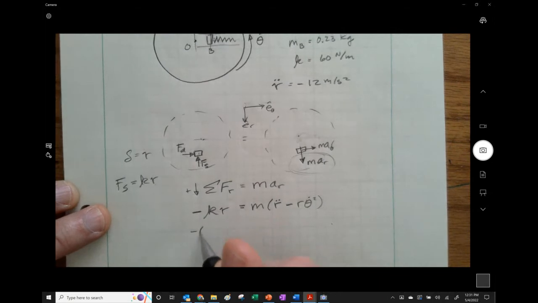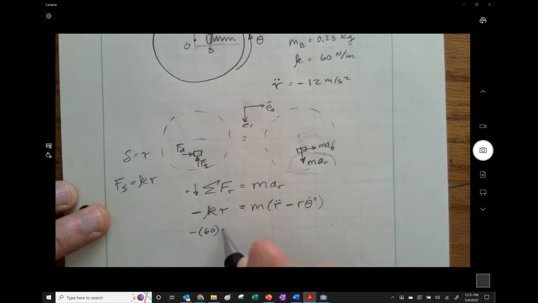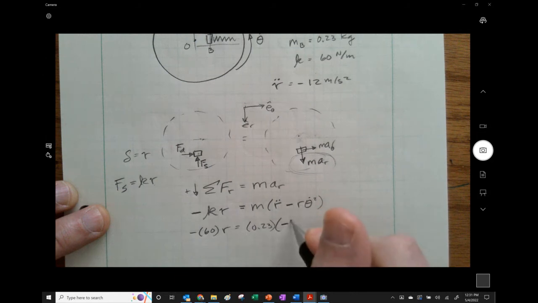So plugging my values into this, I get 60 R equals, and the mass of the thing is 0.23, and it is actually moving negative 12 right here. So that negative is taking care of the direction of the thing, so I should keep it consistent.